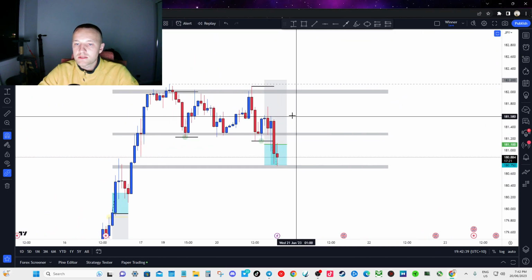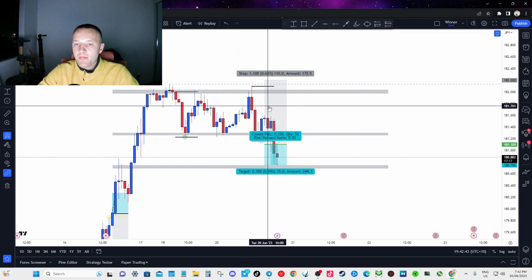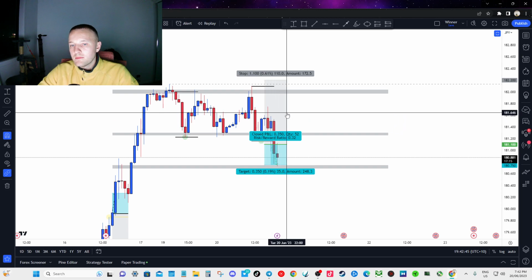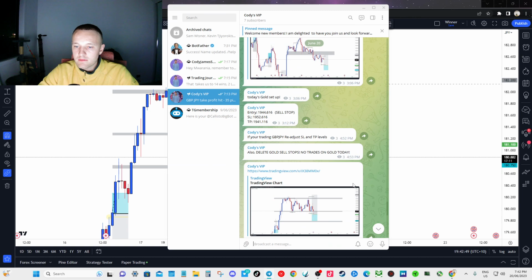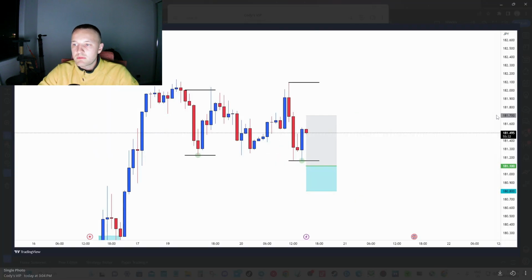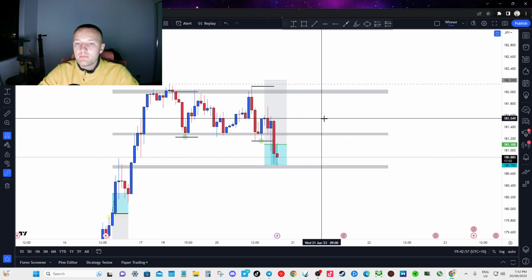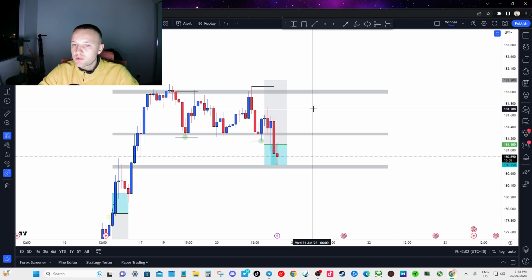Initially, I think my stop loss was around here, but then price pulled back and made a steeper wick. So where was my stop loss? Let's just check it quickly. You can see my stop loss initially was 181,700, which is here where this line is.